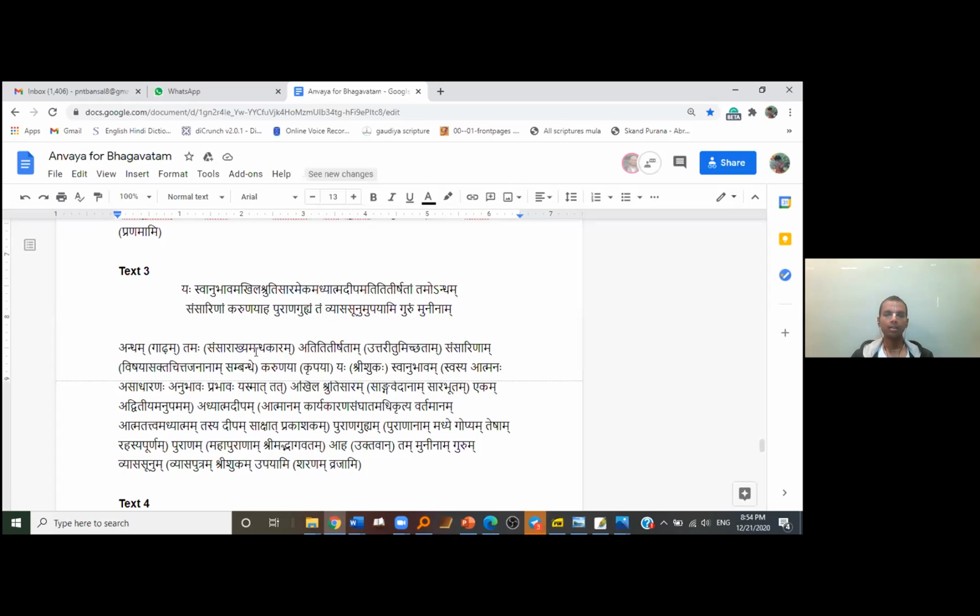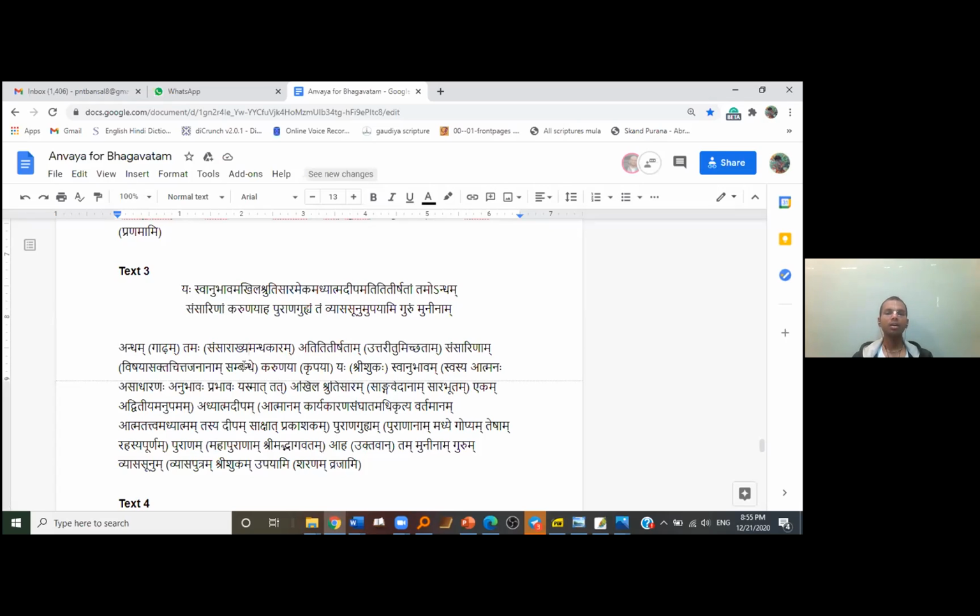Yasvanubhavamakhilashrutisaramekam adhyatmadipamatitirshatam tamondham.